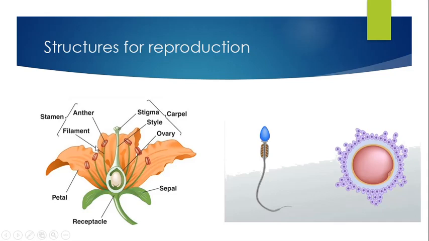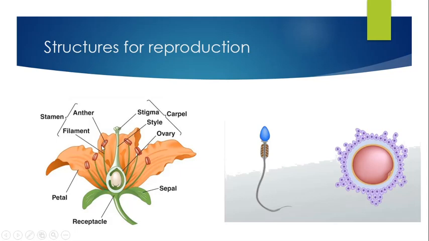The male organ of the plant is the stamen, made of anther and filament, that contains pollen, and the female organ is the carpel, which consists of stigma, style, and ovary. Inside the ovary we have the ova or eggs.